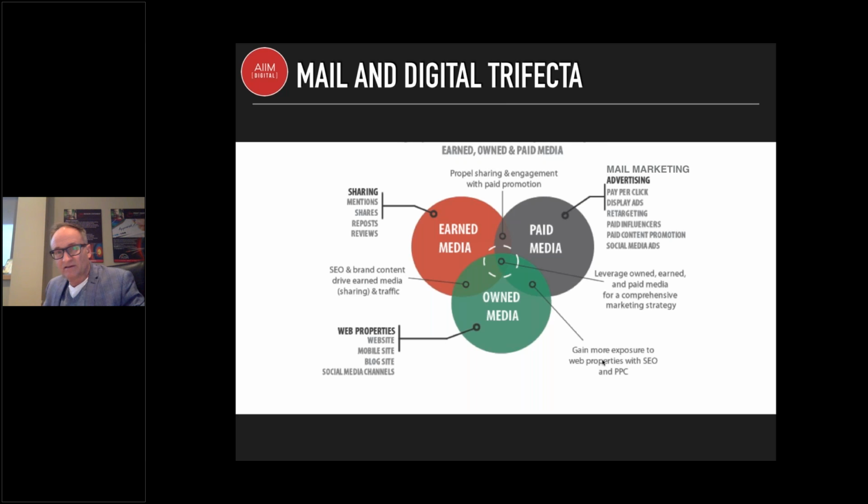I call this the mail and digital trifecta. And I use this because I help people understand the complexity of digital, and it's actually not that complex. It's quite simple. And I go back to this anecdote from many years ago. I've been in the marketing business for longer than you want to know.